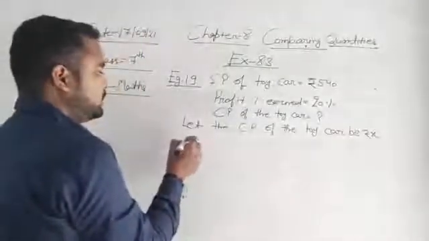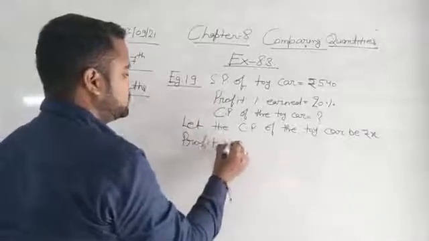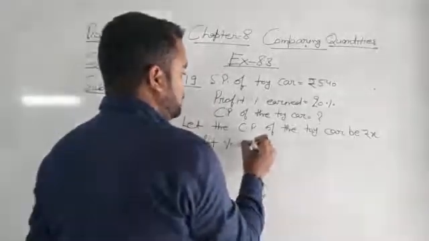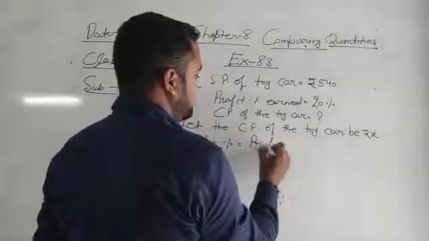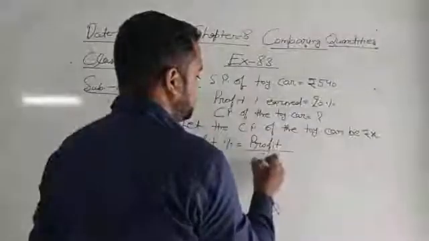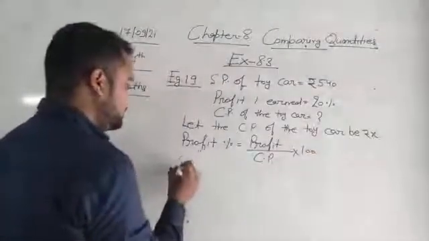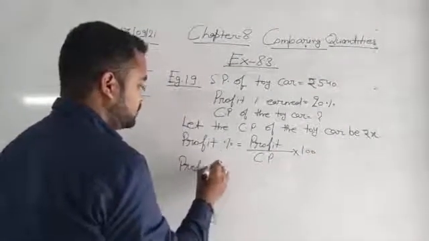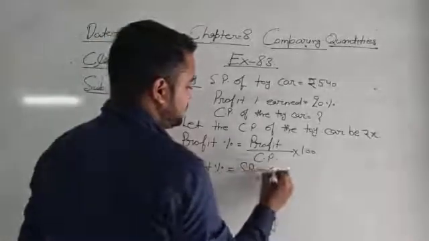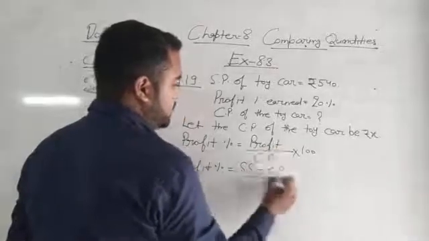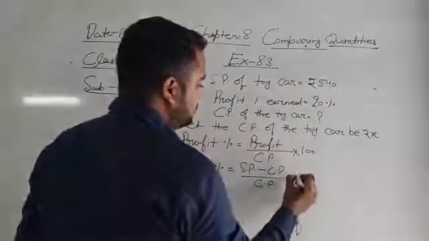What is the formula for profit percent? Profit percent is equal to profit upon CP, that is cost price, into 100, or it can be written as profit percent is equal to selling price minus cost price, that is how we find profit, upon cost price into 100.